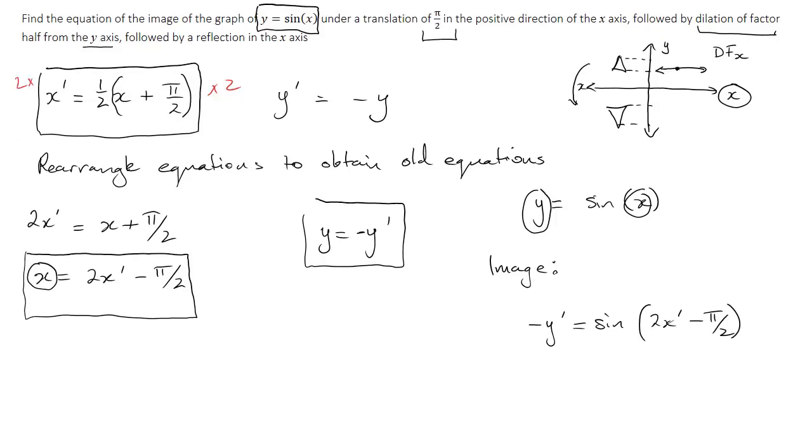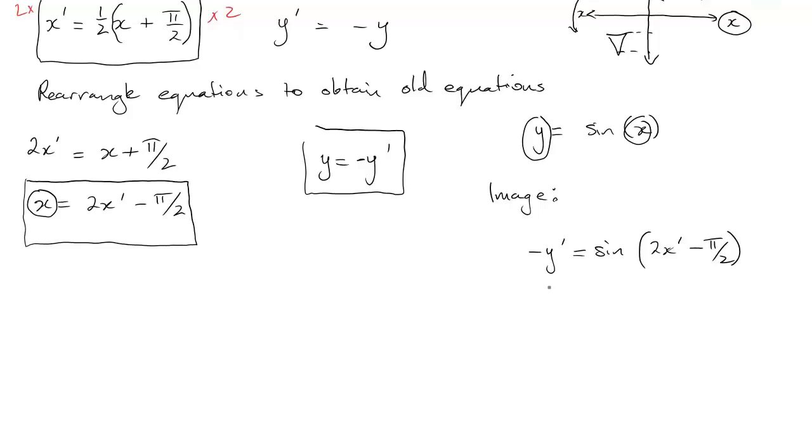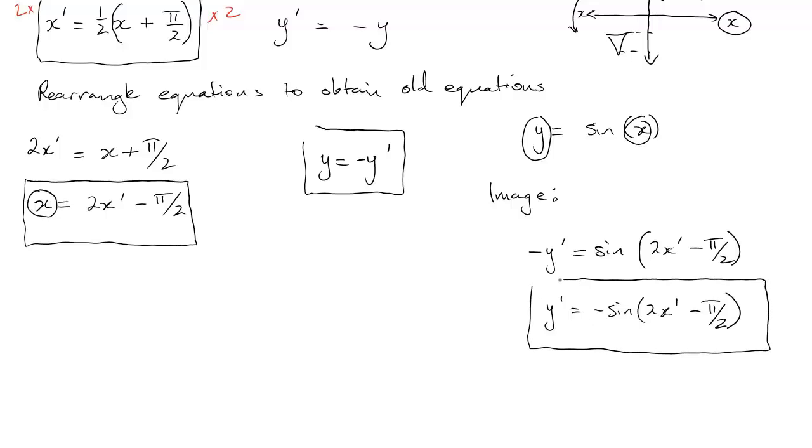Okay, so we've got this particular equation, and now we can just move the negative over to the other side, giving us this particular function. Okay, so this is our image. And when you've completed it, you don't need to have the dashes anymore. But that's the new equation.